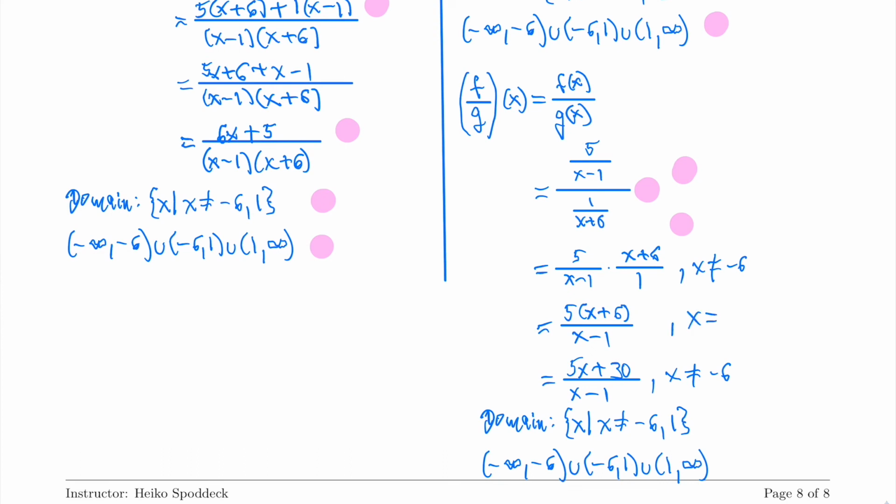We can still see that x must not be 1, because x minus 1 is still in the denominator, but we can no longer see that x must not be negative 6. Since that is the case, we explicitly write that right next to the problem.